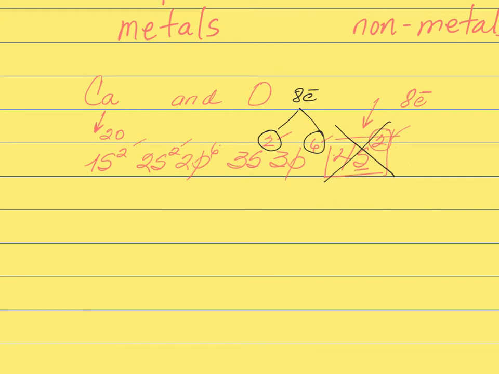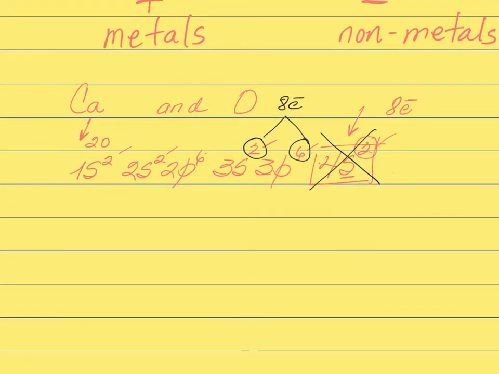In order to reach chemical stability, calcium is gonna be losing the 2 electrons in the last level of energy. But now you have 20 protons. After losing those 2 electrons, you have only in that calcium atom 18 electrons.